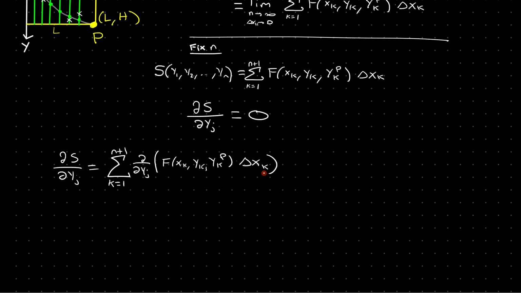And luckily, these are a little bit easier to evaluate than in the method 1 case.